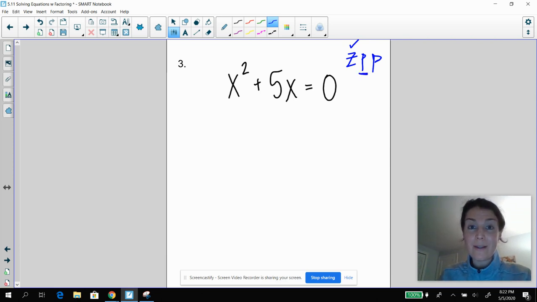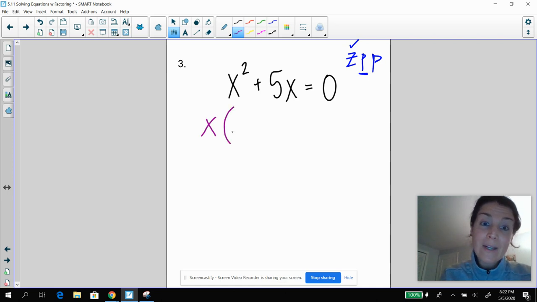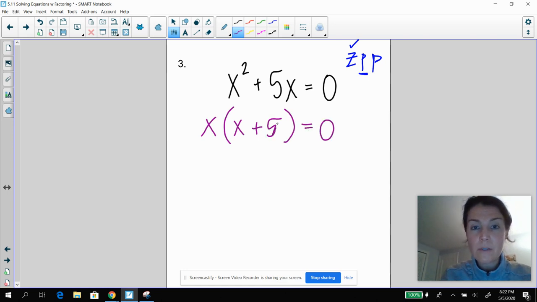I see the sum of two things, but you should feel really comfortable now factoring. So we factor out, and we called it undistributing back in the fall, but we factored out an x, and then we're left with x plus 5 equaling 0. Awesome. Sorry for the delay in my pen. But now look, zero product property tells us I've got two things that are being multiplied together that are set equal to 0.